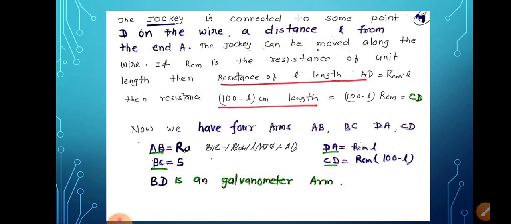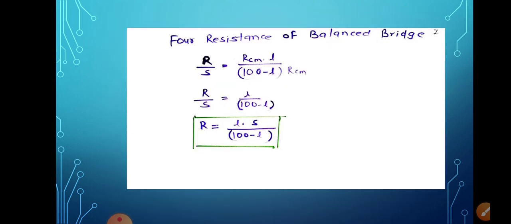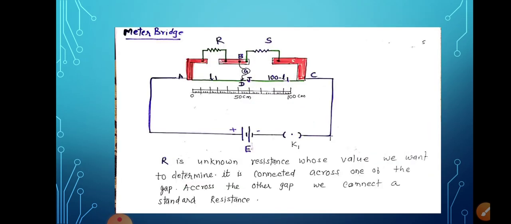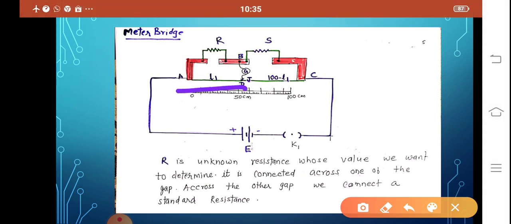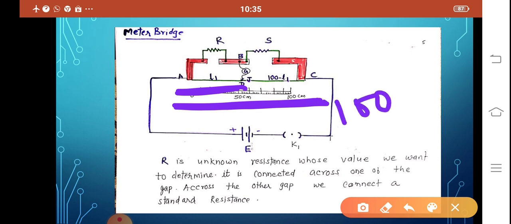DA is this. L length and the remaining length, because it is 1 meter total. So 1 meter means 100 centimeter. This is L. This is 100. So the remaining will be 100 minus L.